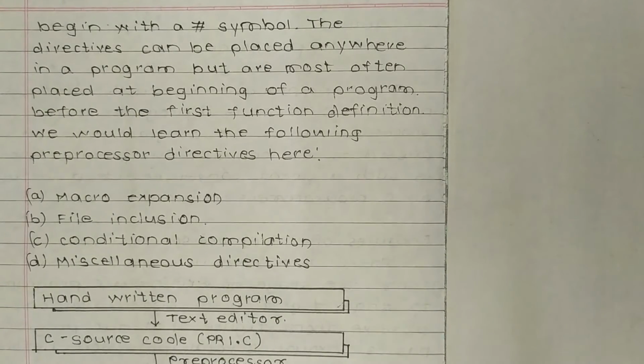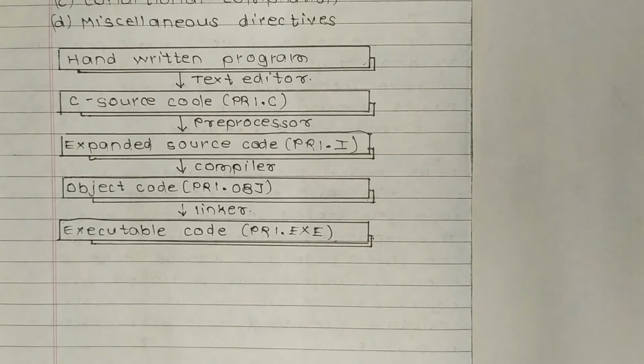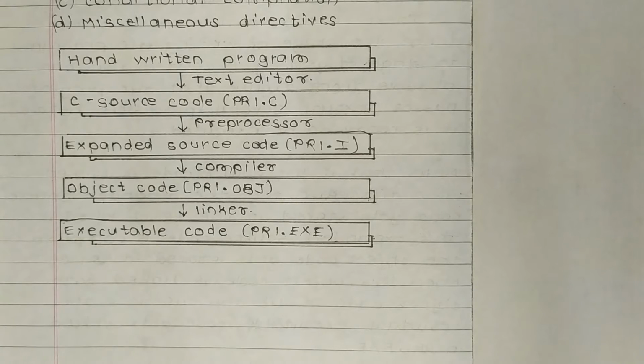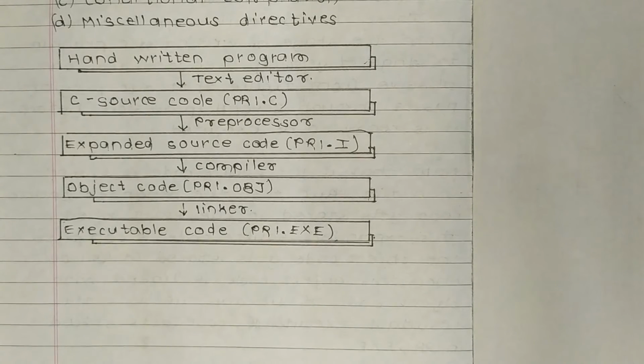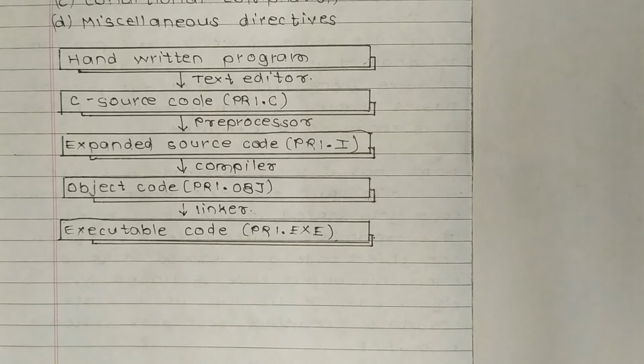This is a figure showing the flow of a program. First it is a handwritten program, then it is typed in a text editor such as Notepad or WordPad. Now we have the C source code pr1.c.